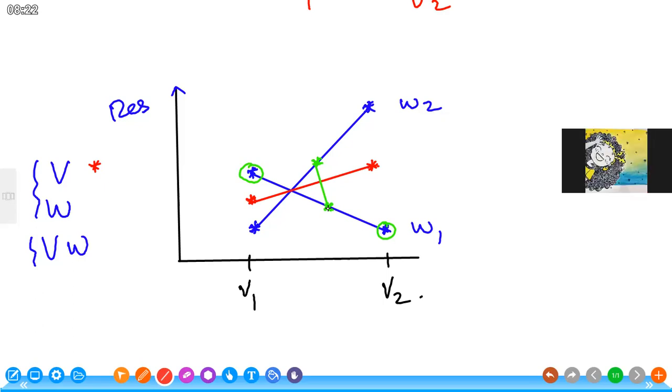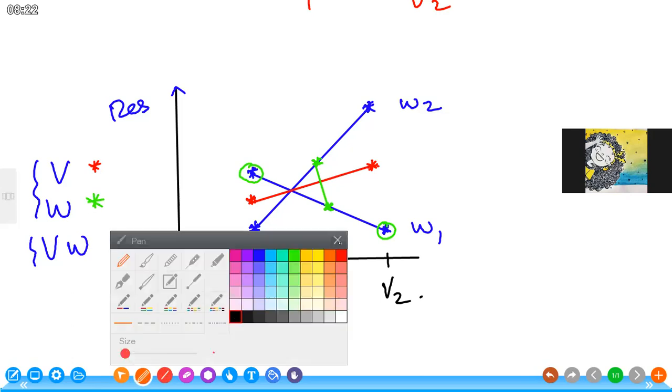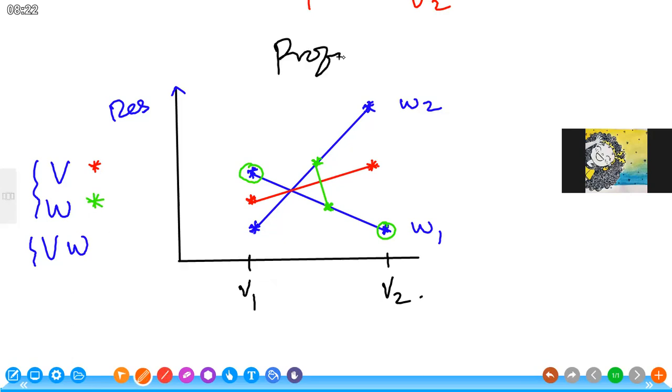So there is a significant effect of weed also in the main effect. That is how you find out the effects, by looking at the profile map. So this is called as profile map.